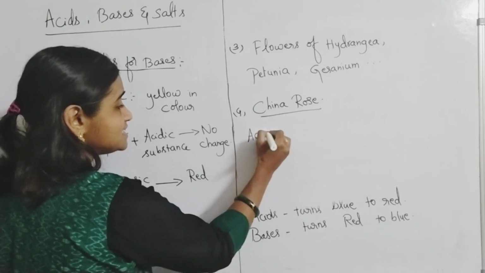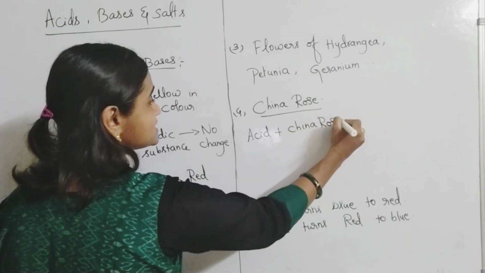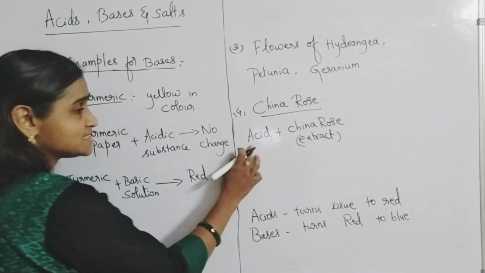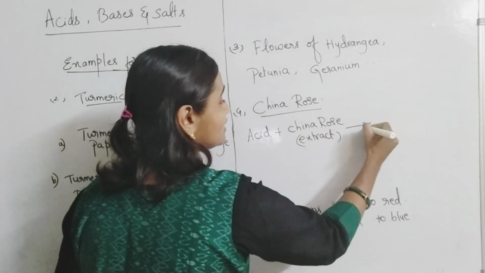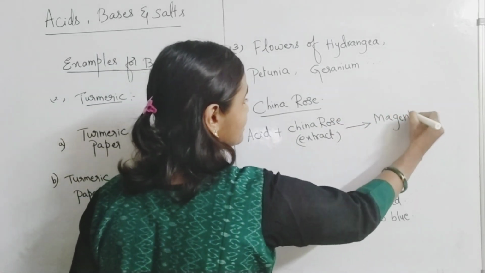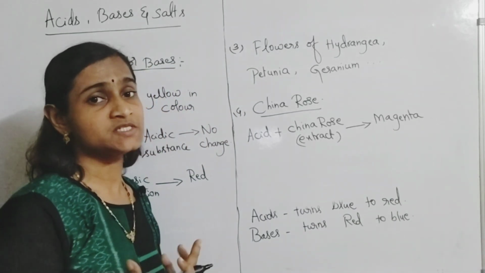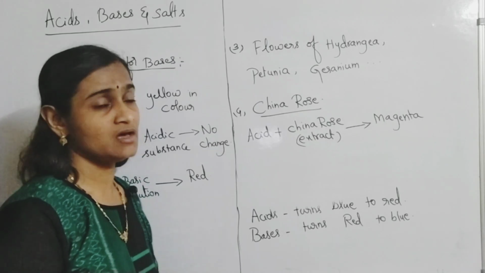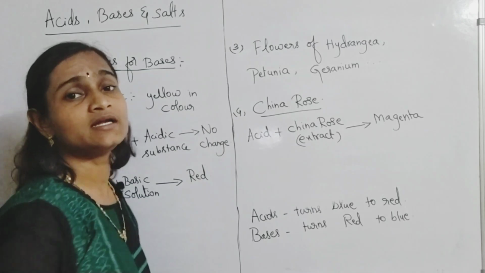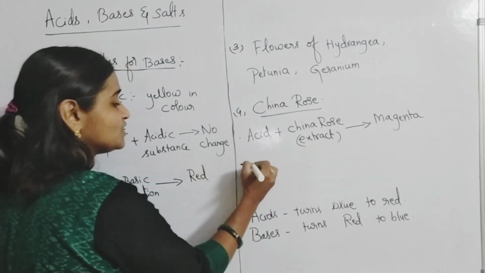If you add China rose extract, that is hibiscus extract, to an acidic substance, it turns magenta, like a violetish pink color, like potassium permanganate. If it turns to magenta color, then you can say that the substance you have taken is an acid.